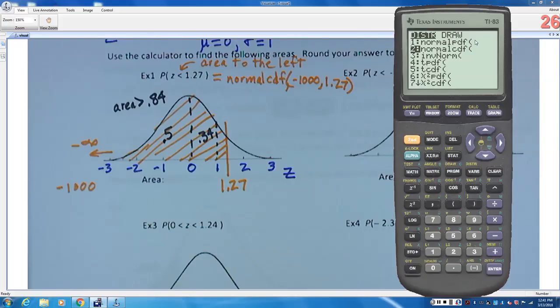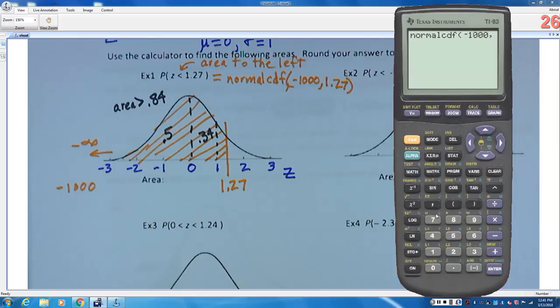I don't know why the PDF function's there. Normal CDF. It's just lower limit, upper limit, and that gives you the area under a standard normal curve. And then you put in negative 1,000. Don't use a subtraction sign. You have to use a negative in front of the 1,000. Otherwise you get an error.